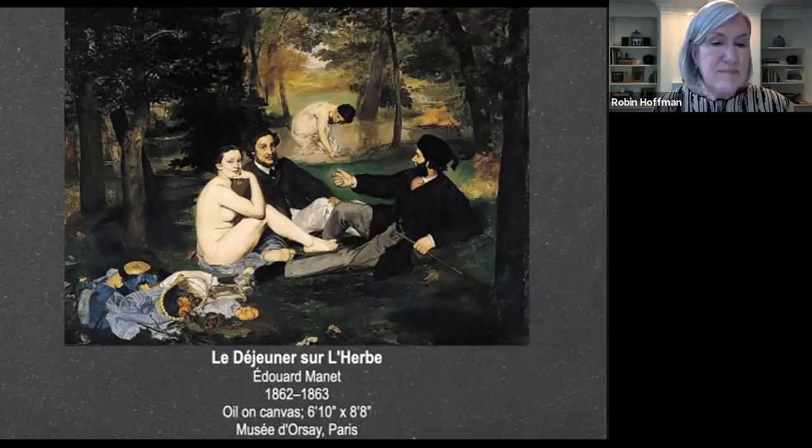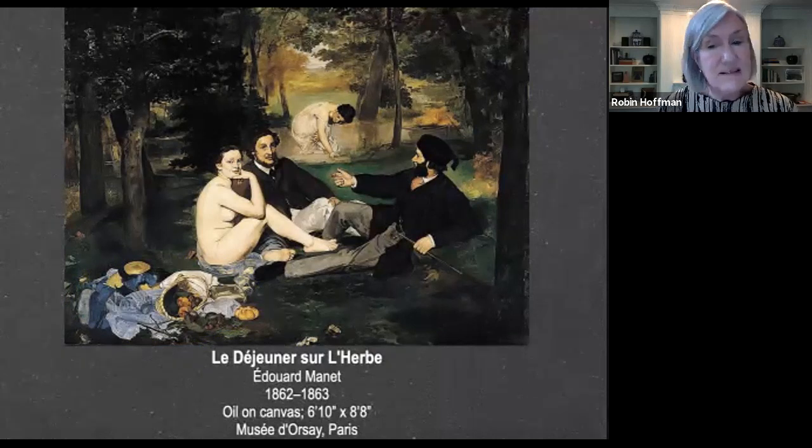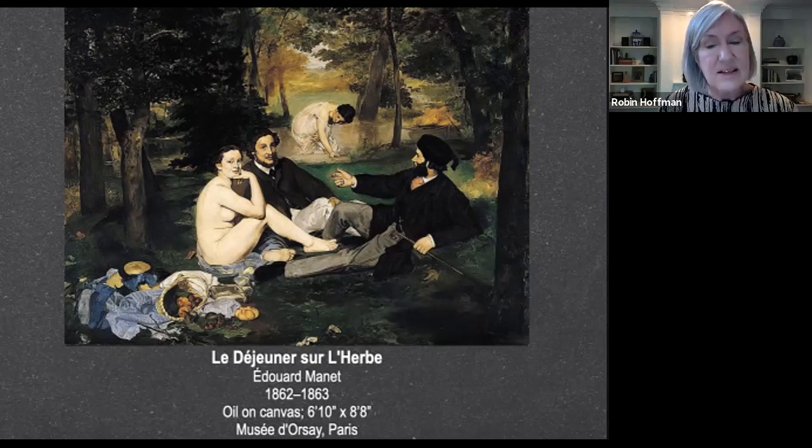The roughly painted background lacks depth, giving the viewer the impression that the scene is not taking place outdoors, but in a studio. And this impression is reinforced by the use of broad photographic light, which casts almost no shadows. The style of the painting breaks with the academic traditions of the time, and Manet did not try to hide the brushstrokes, and the painting looks unfinished in some parts.